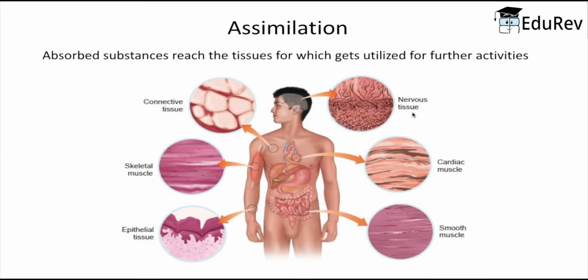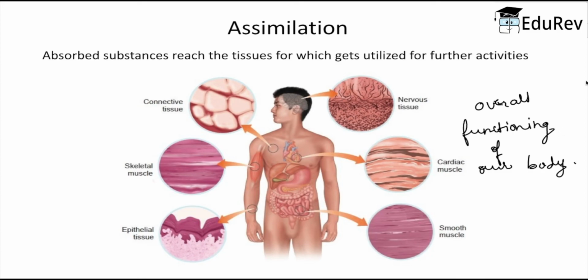These nutrients are required by every tissue inside our body for the overall functioning of our body. So basically, we are absorbing these nutrients for a healthy body, and the use of that absorption for further activities done by our body is called assimilation. Here we are assimilating all the nutrients inside our body.